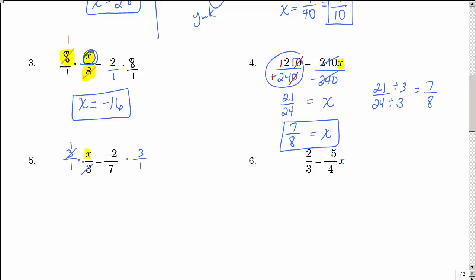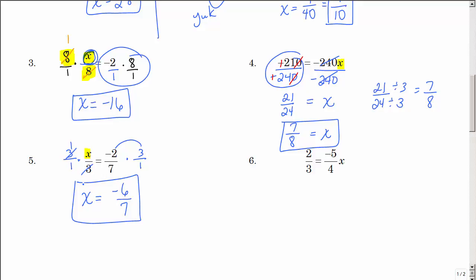So those divide to 1. But here I can't reduce, not quite as pretty as number 3, but I can multiply and get negative 6/7. Again, if I'm going too fast, pause that video, rewind, take it a little bit slower.